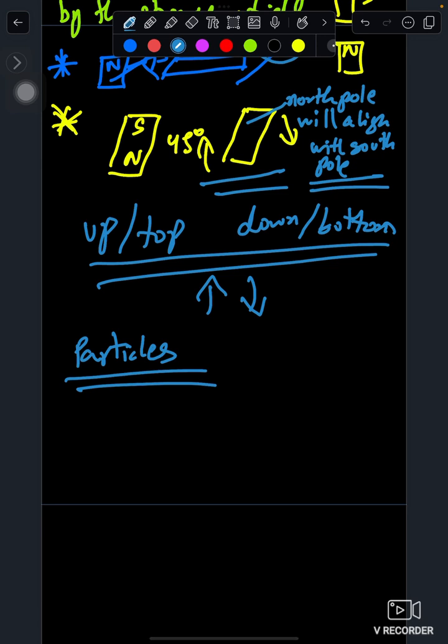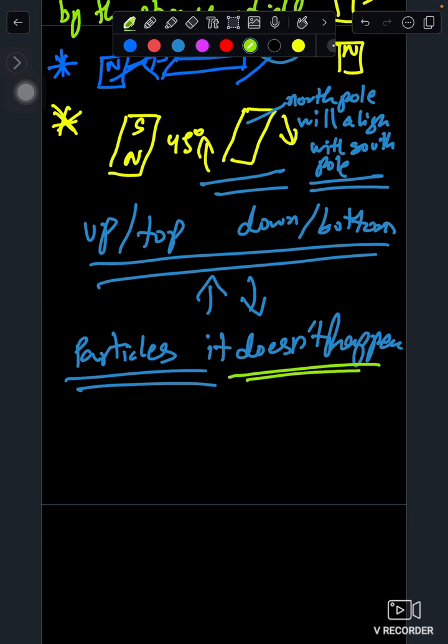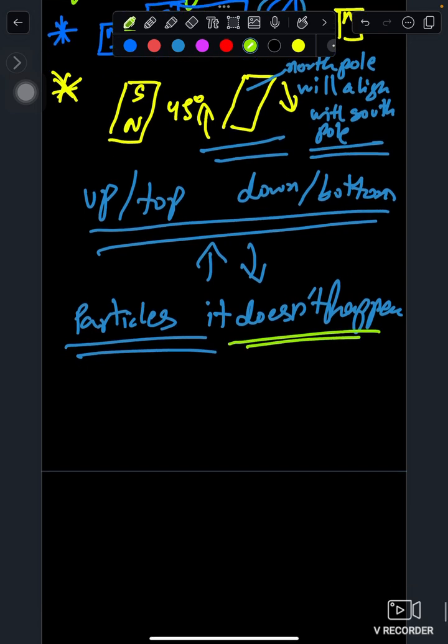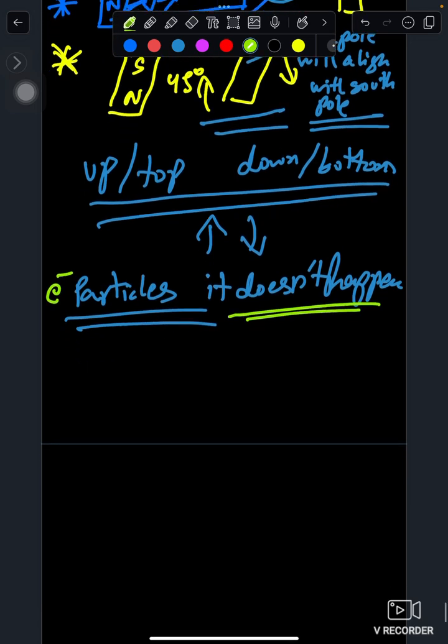So for particles, it doesn't happen. Let's suppose, mostly, we take the example of an electron.